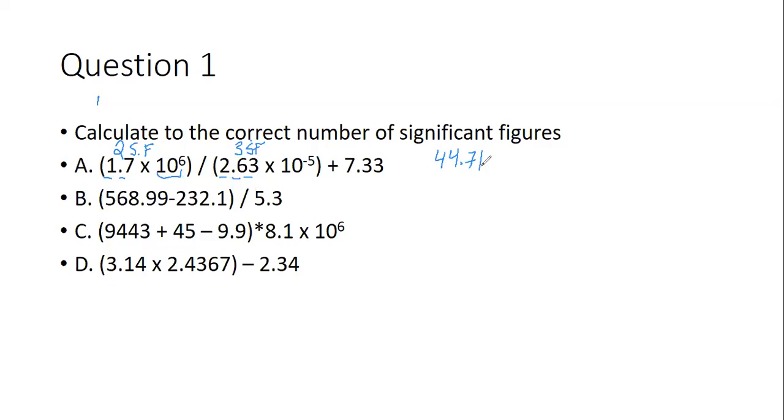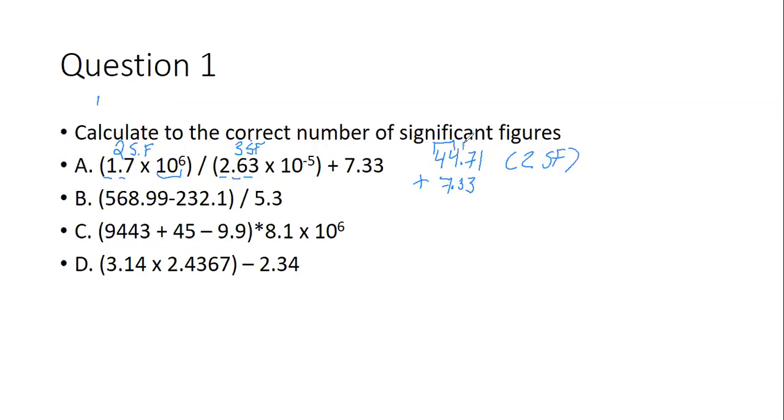So what I do is I have my number, 44.71. Next to it, I will write, this number has only 2 sig figs though. Only these numbers are significant. That's the only thing I care about, right? And so I'm going to add it to 7.33. Now, remember, for addition and subtraction, we draw the line after the least amount of digits.